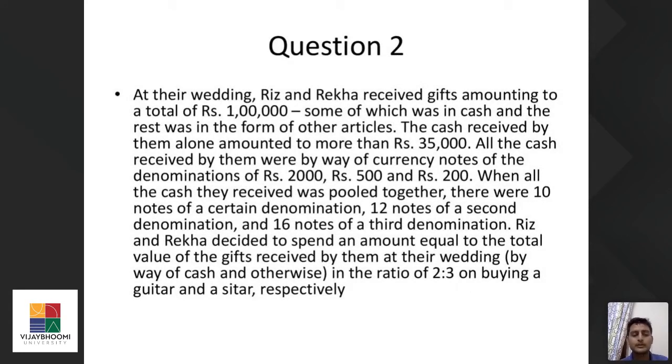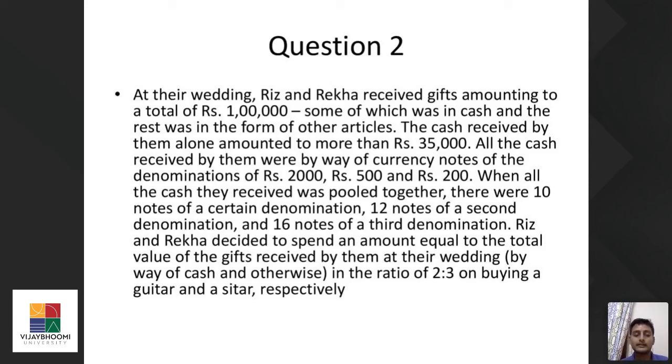This was a question in the sample paper, and it's really a very easy question in the sense that there are two people who got some gifts in kind and some gifts in cash. The cash gifts were more than 35,000, and they were in three denominations of 2,000, 500, and 200. They got 10 notes of one, 12 of another, and 16 notes of the other.